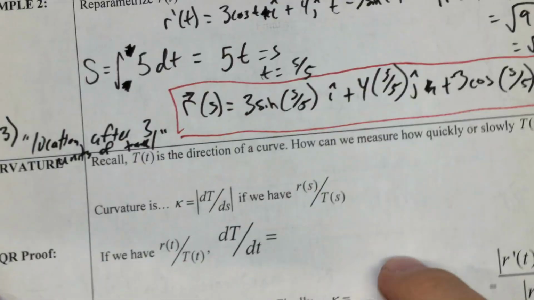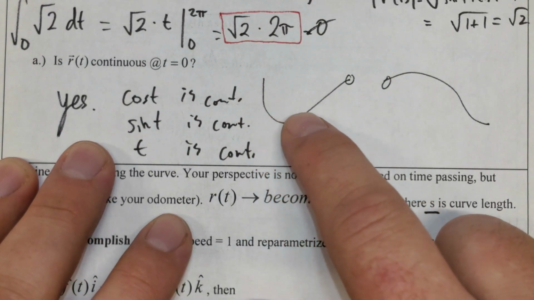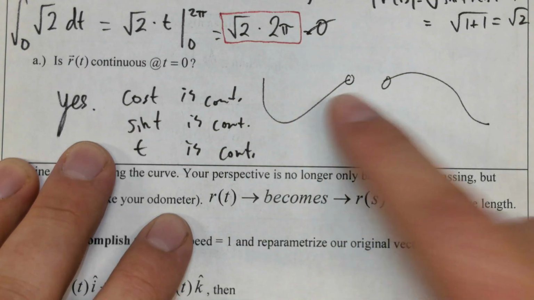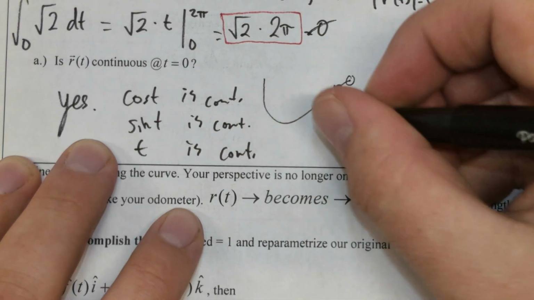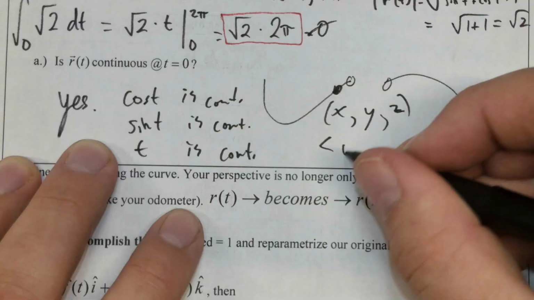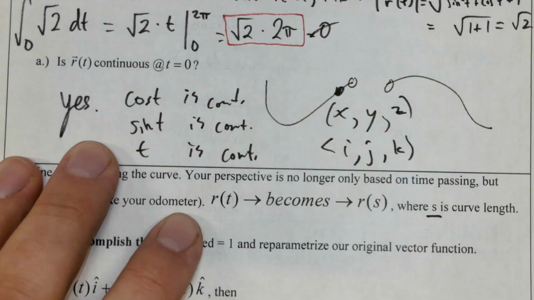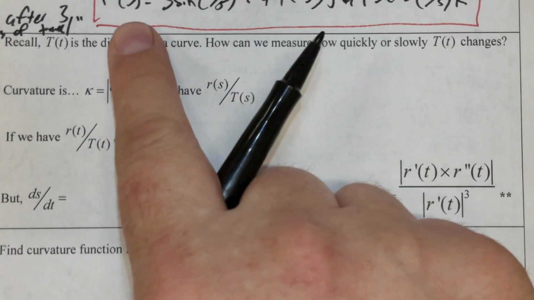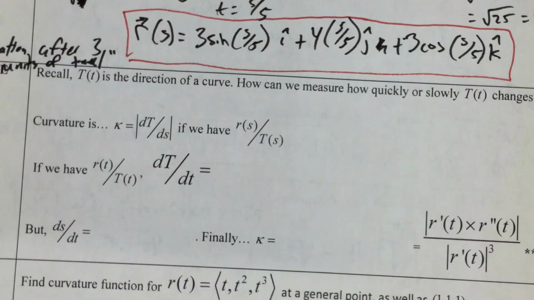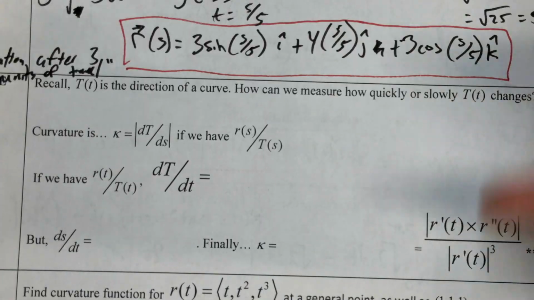That means I'm sitting on my curve, and I walk a distance of 3. My odometer hits 3, and I get to this moment and I say, where the heck am I? x, y, z, i, j, k. That's what this calculation does. Instead of being based on time, it's based on distance.